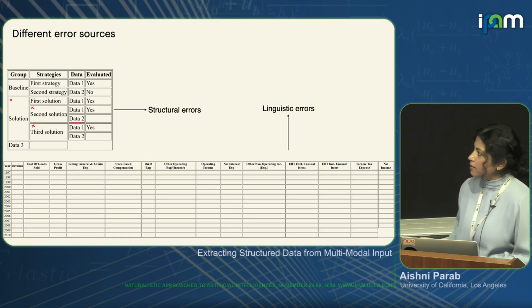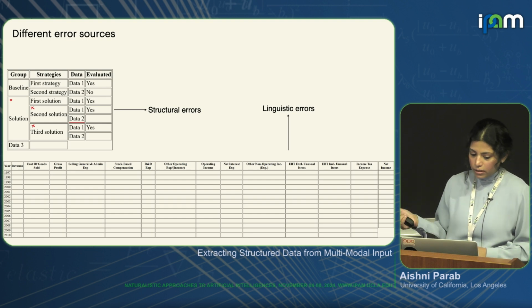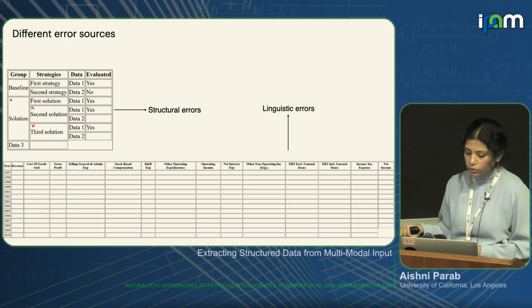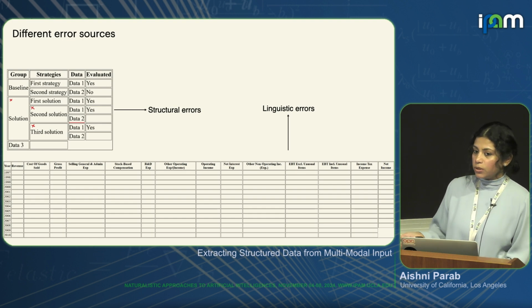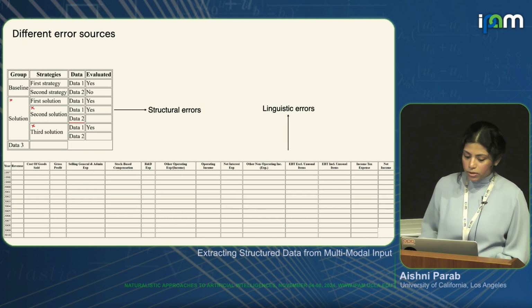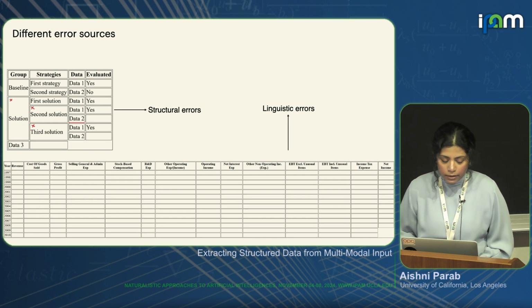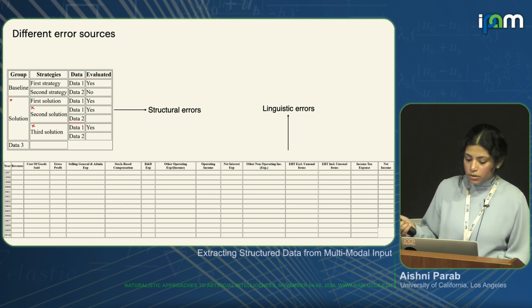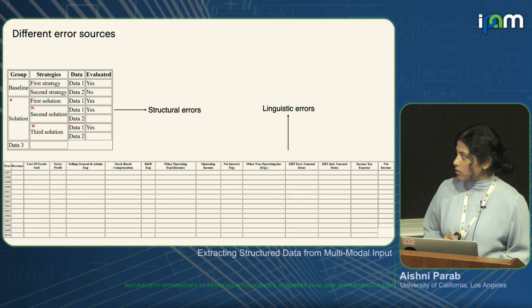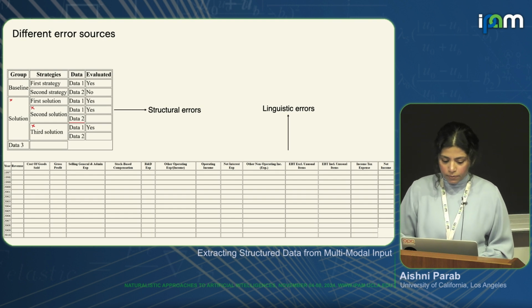And so what this suggests is that there are different error sources in both of these cases. Sometimes the model struggles with structural reasoning, and sometimes it has inadequate OCR extraction. And so perhaps one way to solve this problem is to separate the strategies so that you can get better accuracy.